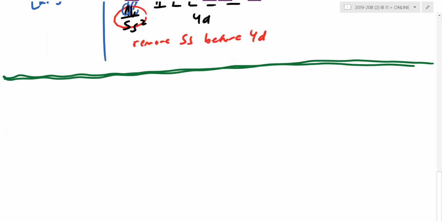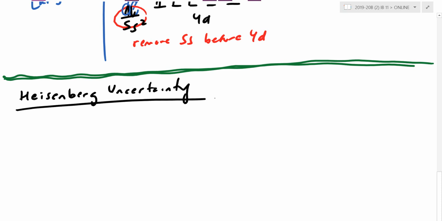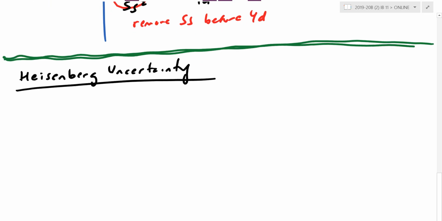So, just for a little bit of theory here, we're going to step into Heisenberg uncertainty. There's a lot more detail to this, but I'm just going to hit some of the main points.